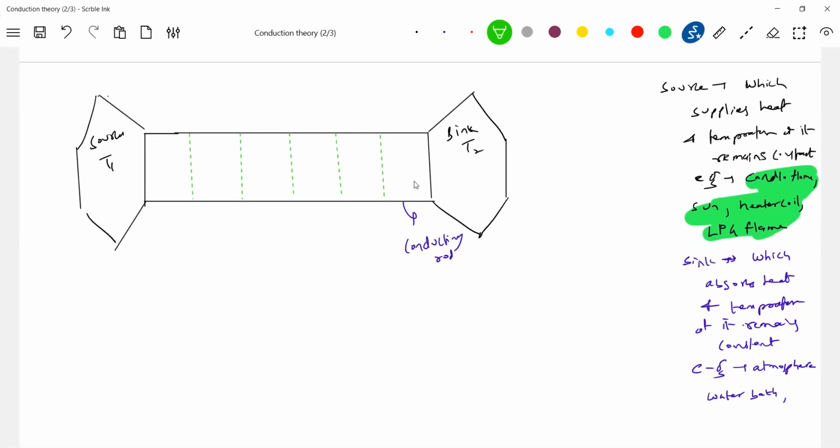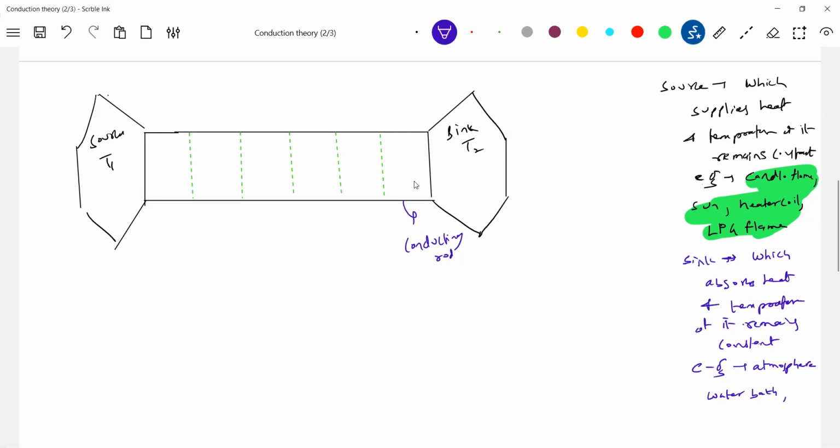Initially, let the temperature of the whole rod be T naught. Initially, this is what happens. Then I bring it in contact.